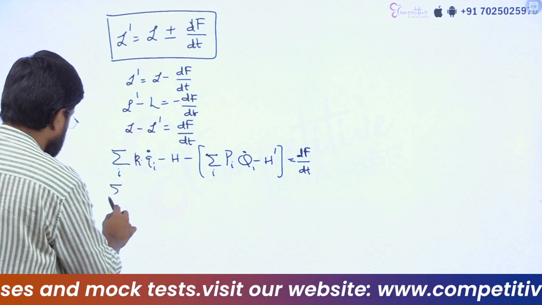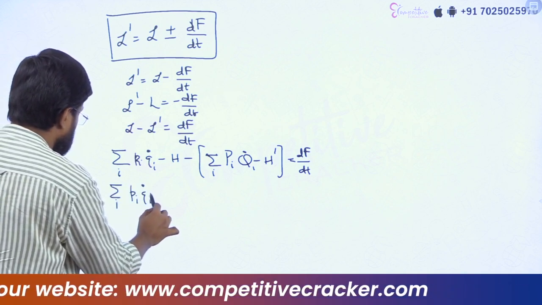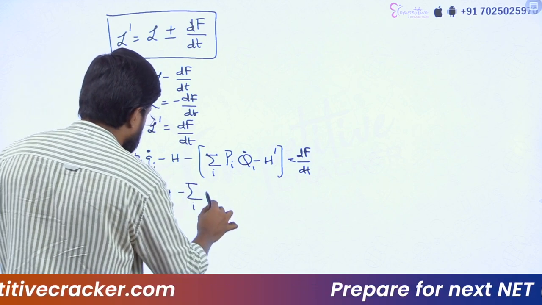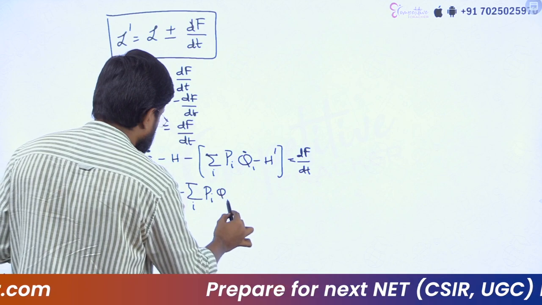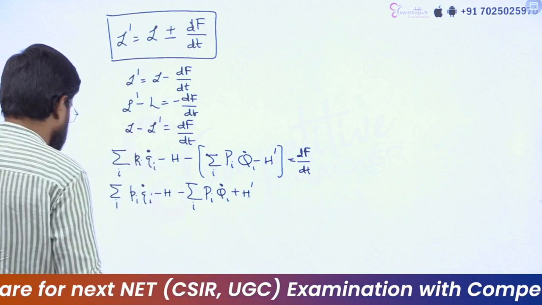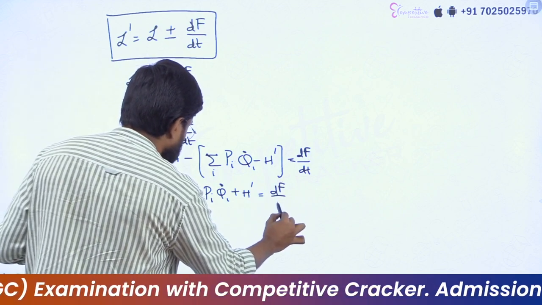So summation over i, pi qi dot minus H minus summation over i, capital Pi capital Qi dot plus H prime equals df by dt.